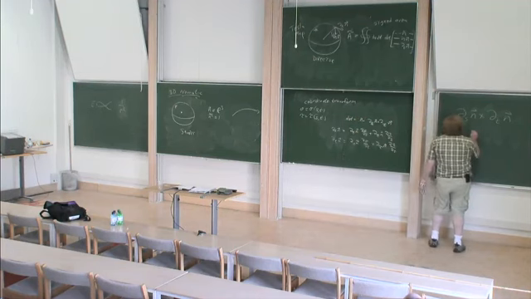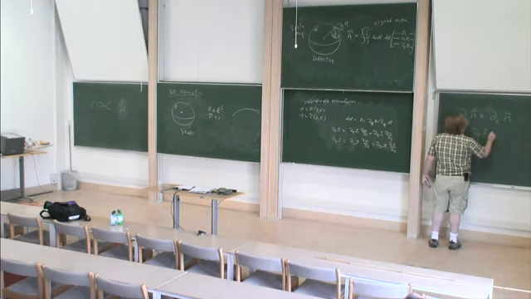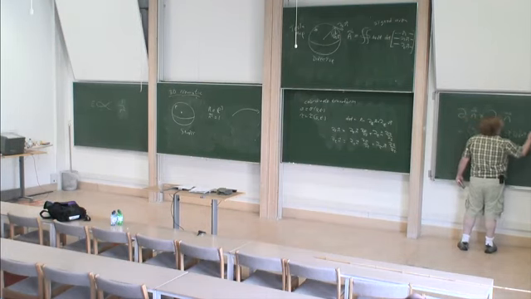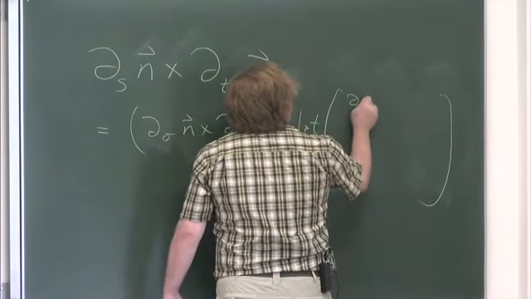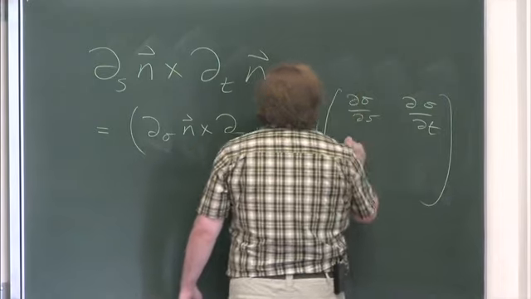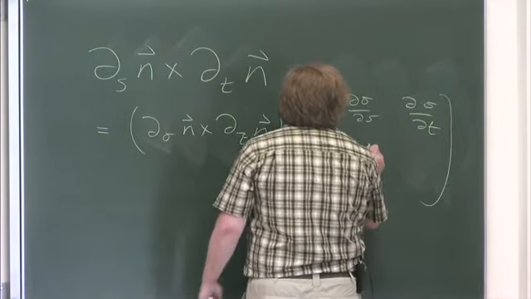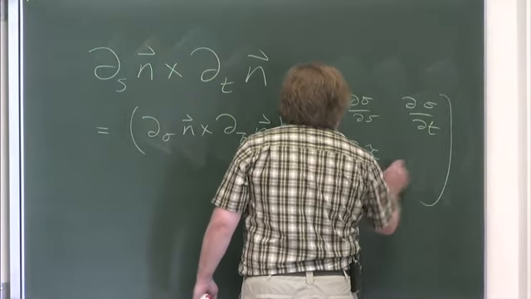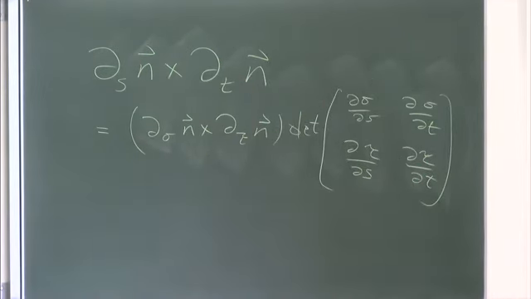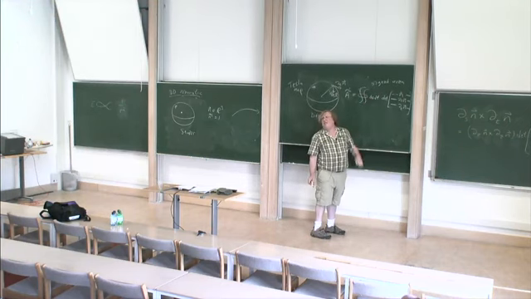Okay, and so when I do this all, I get d sigma n cross d tau n times this determinant, which is d sigma ds, d sigma dt, d tau ds, d tau dt, and you can see that's the Jacobian that exactly cancels the Jacobian I would get from converting from st to tau sigma.